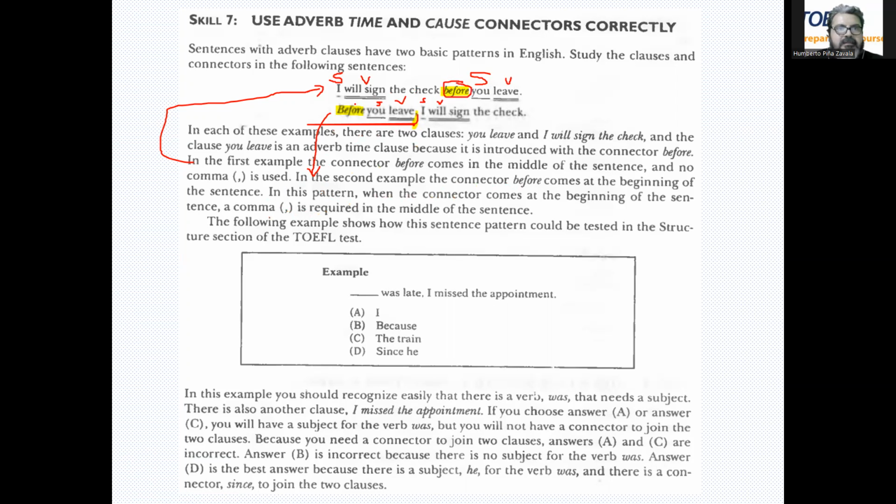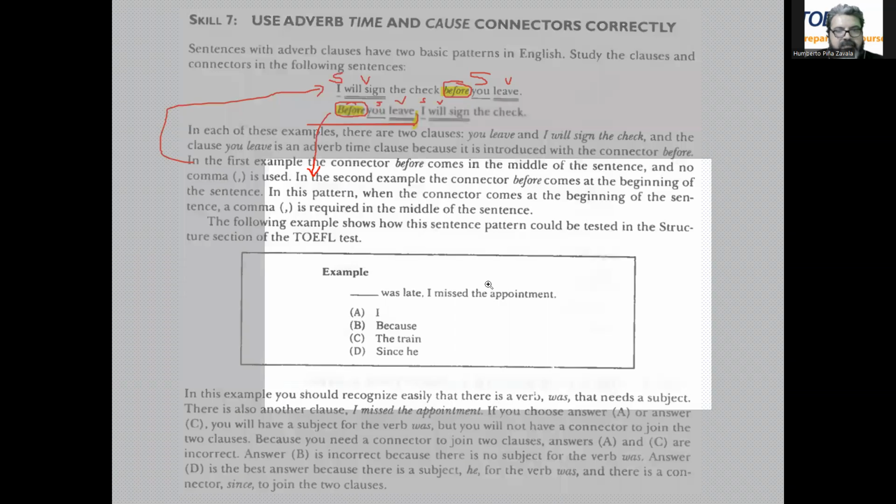So if the connector is in the middle, no comma is necessary. If the connector is at the beginning, you need a comma to separate this adverb time clause from the main sentence. The following example shows how this sentence pattern could be tested in the structure section of the TOEFL test.